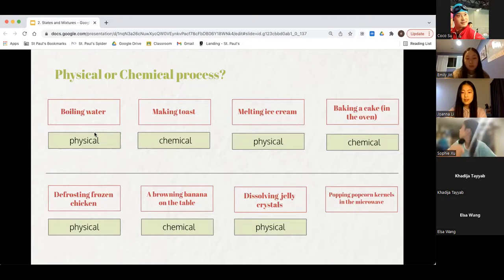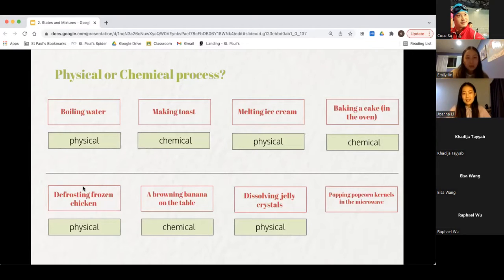Cool. And the next one, what do we think popping popcorn in the microwave is? That one is a really interesting one. Emily and I were a bit confused at first. Chemical?